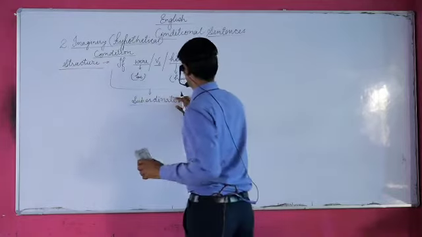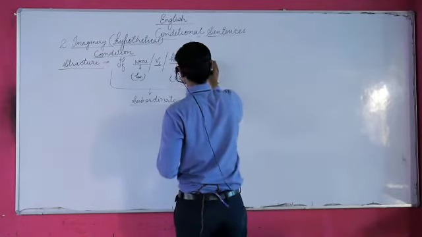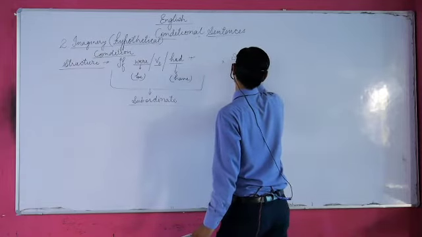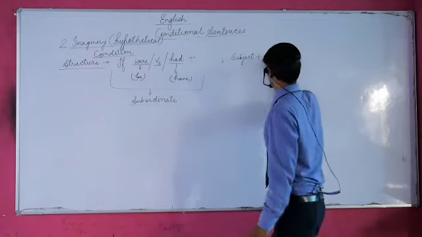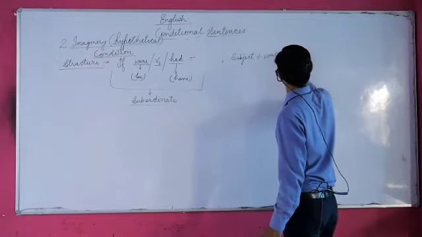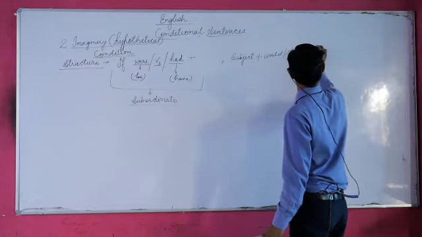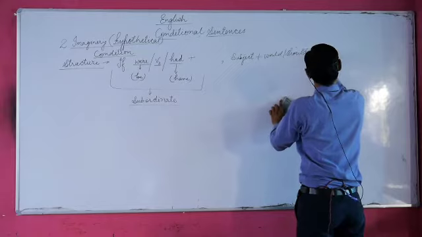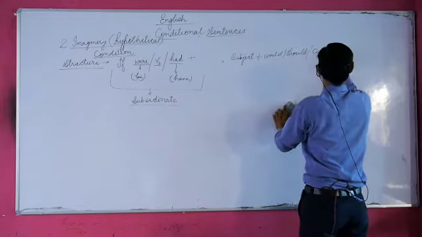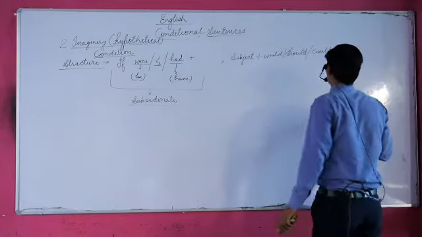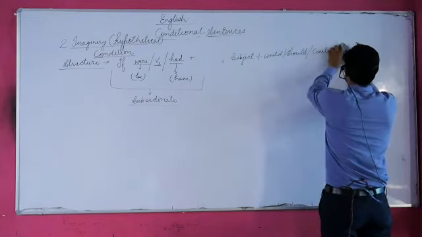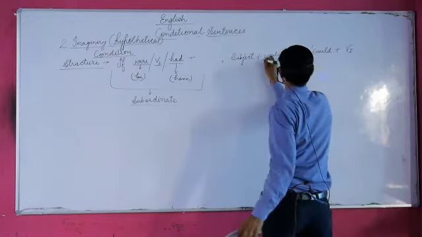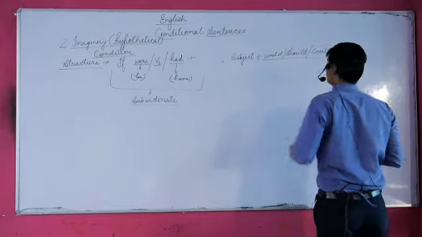And now we have here the main clause, and in the main clause we have subject, would, should, could, and might plus first form. Understand what I am telling you?